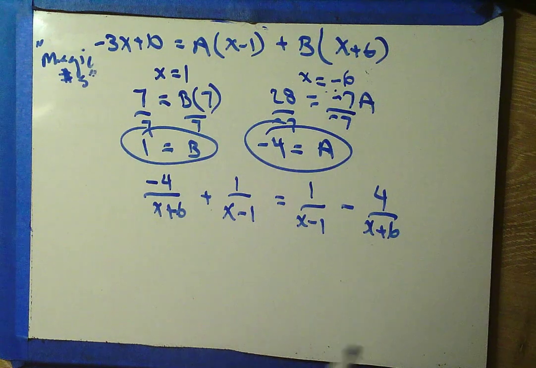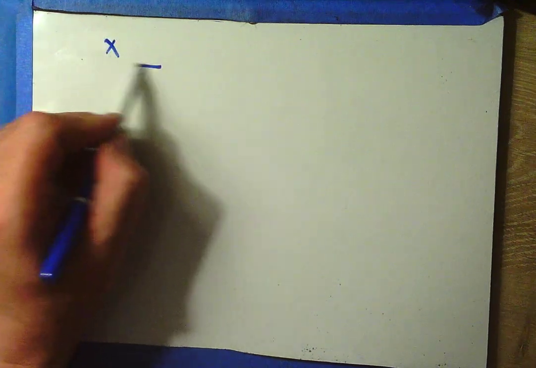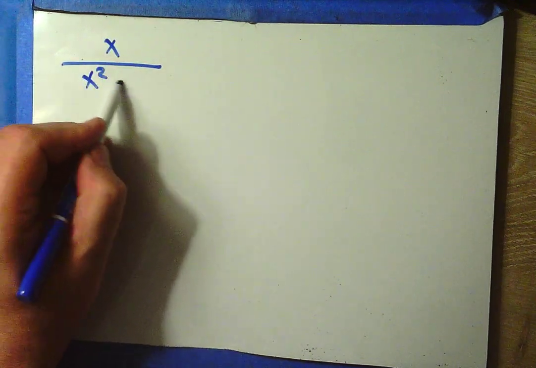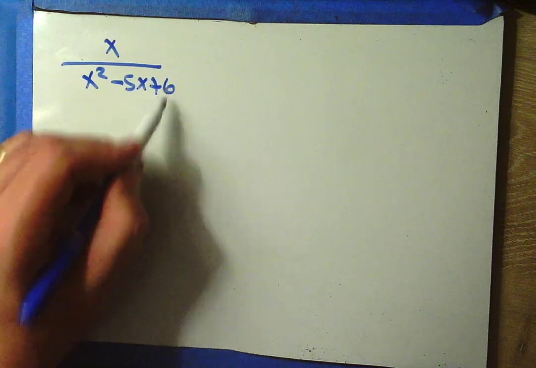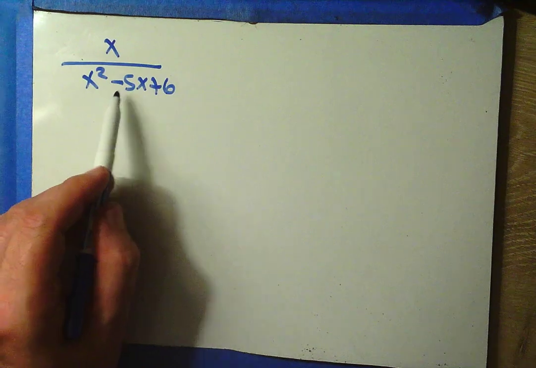All right, let's take a look at another type, case 1 problem. I recommend you practice this one and see how far you can get with it. So let's say x over x squared minus 5x plus 6. Well, the first thing we said we needed to do was always to factor the denominator.